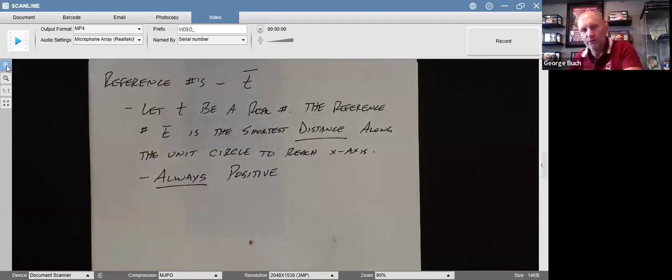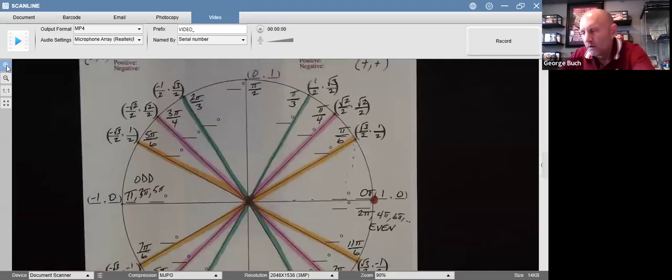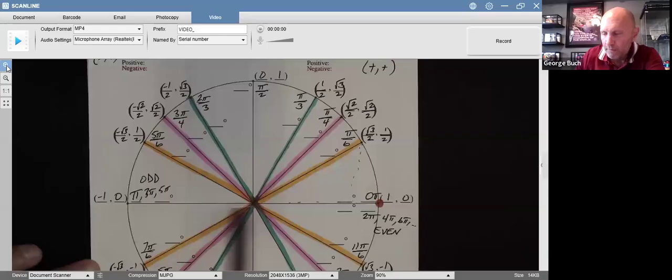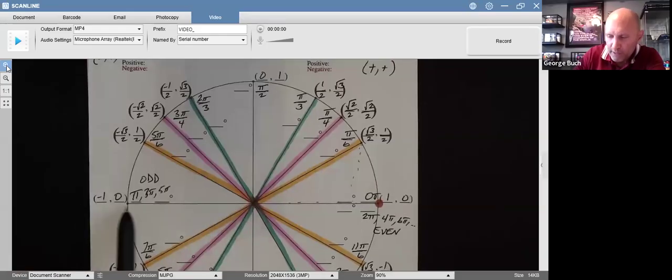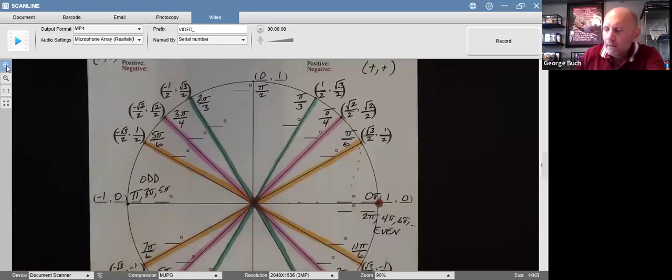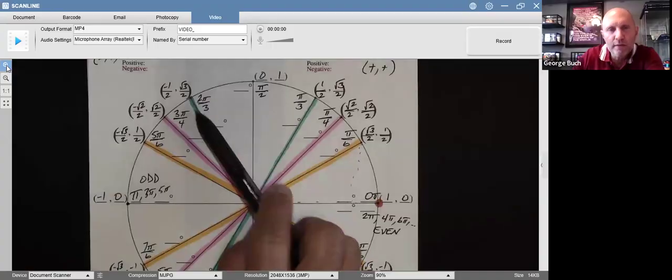So let's look at our unit circle again, which you're probably going to get sick of, and that's okay. Think of the x-axis like a road. Maybe there's a bus that travels on this road, and it has a bus stop over here at pi, and another bus stop over here at 0. You're walking along and you get, let's say, to this green line here, 2 pi over 3.